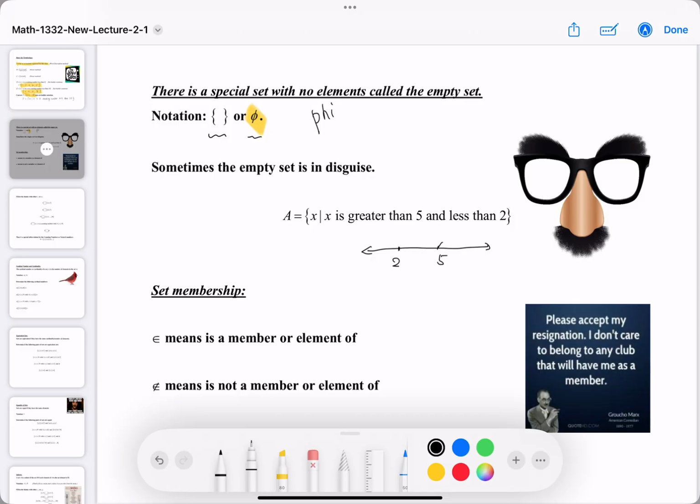The element is greater than 5, for example 6, 7, 8, 9, 10. But at the same time, it needs to be less than 2. It must be 1, 0, -1, etc. So there is no such number on the right and at the same time on the left of this number line. So there is no such element. So A is the empty set. So A is phi.